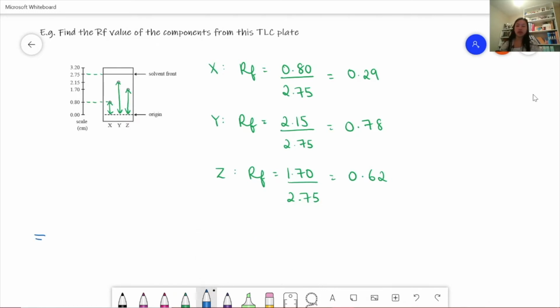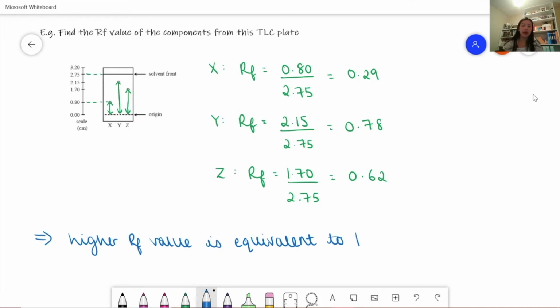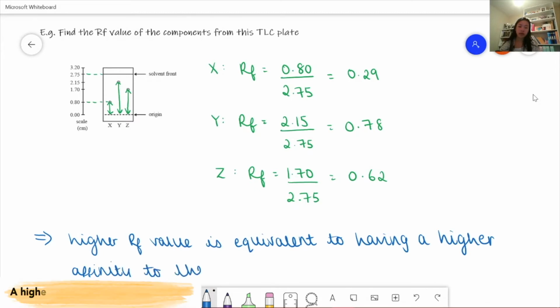And so we can conclude that a higher RF value is equivalent to having a higher affinity to the mobile or moving phase.